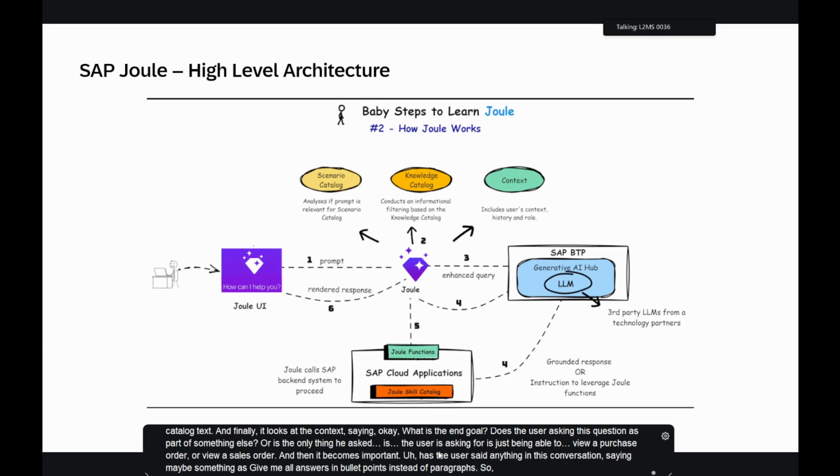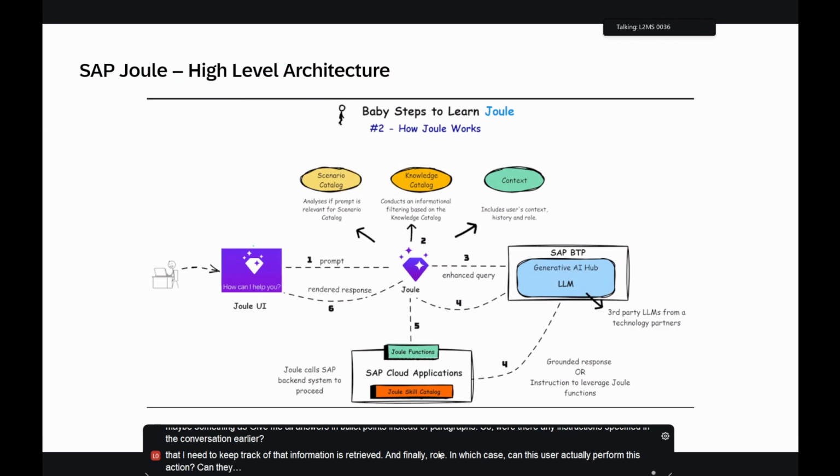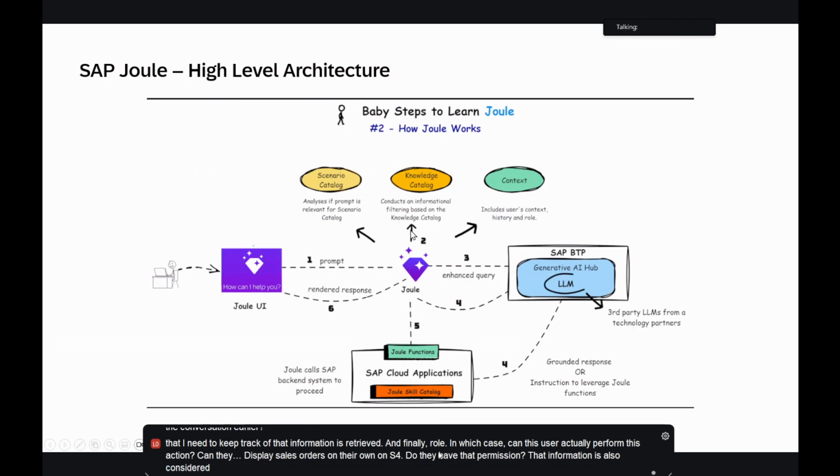So, were there any instructions specified in the conversation earlier that I need to keep track of? That information is retrieved. And finally, role, in which case, can this user actually perform this action? Can they display sales orders on their own on S4? Do they have that permission? That information is also considered.